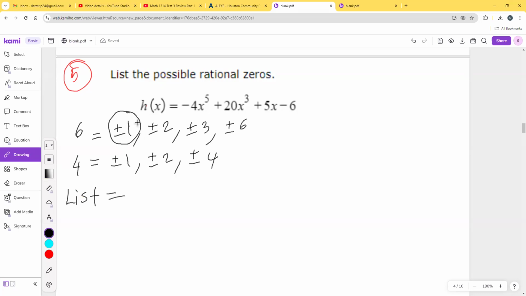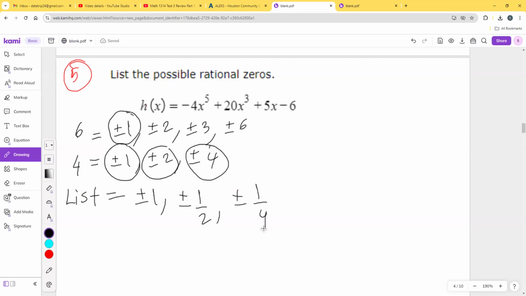If we stick with 1, 1 divided by 1 is 1. 1 divided by 2 is 1/2. 1 divided by 4 is 1/4. So we're just taking the 1 and dividing by these 3 numbers at the bottom, right? And it gives us 3 different factors.